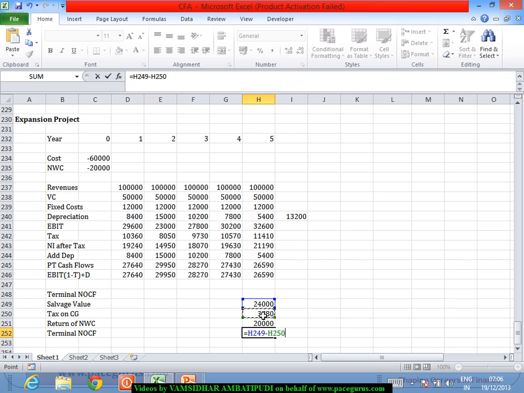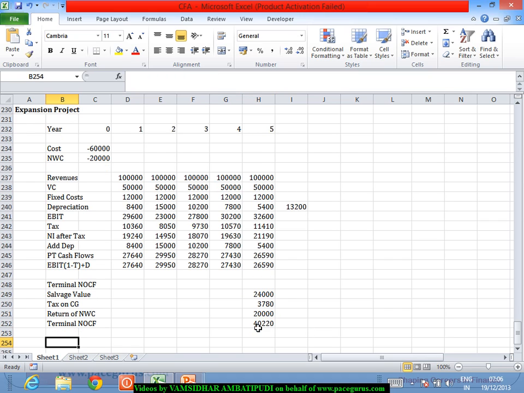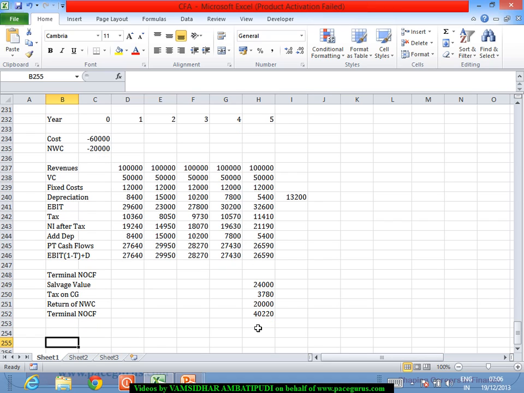That is one, and my net working capital would be returned back, which is contributing to a net operating cash flow of 40,220 in the 5th year.